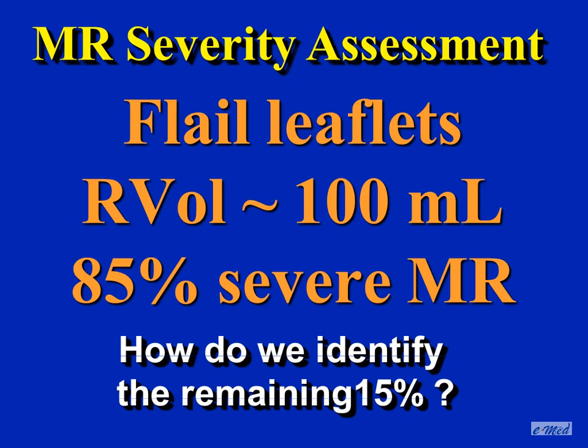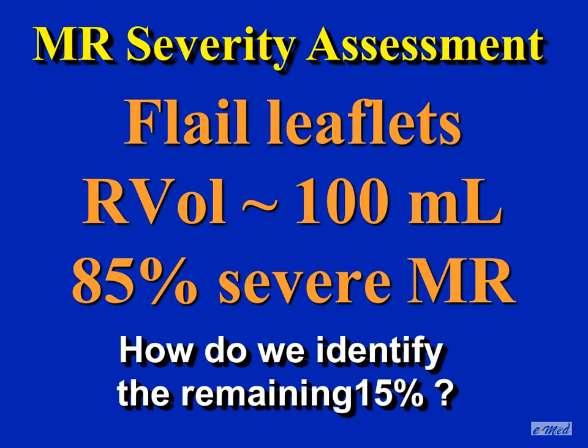But you still have 15% that are less than severe. And so you need to be able to say, okay, there is a flail, but I recognize that it is less than severe. So it's an important point that you need something else, but it's useful.